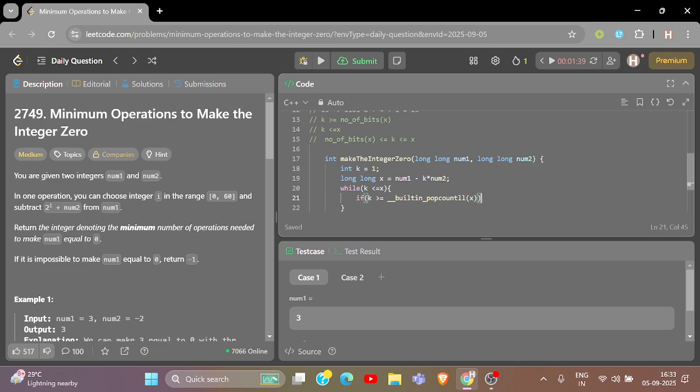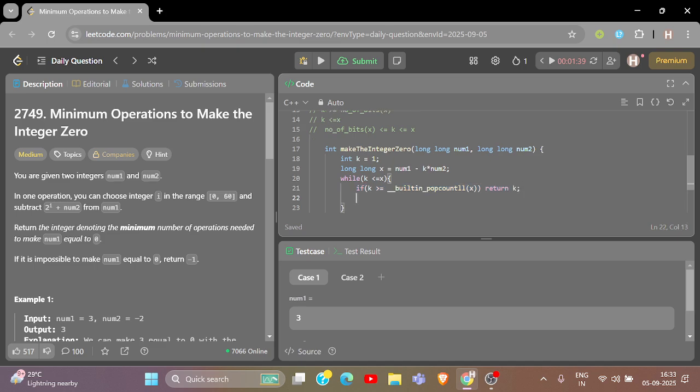If this condition is satisfied, I will return k, because if I go further down, I will just increment my k, and we can never reach a smaller k.